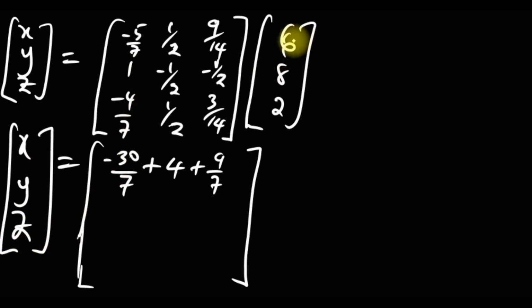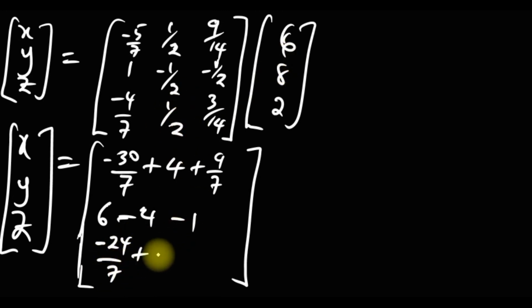So 1 times 6 plus this times that is minus 4. So we'll write minus 4. Minus 4. This times that is minus 1. So we are done. Let's move to the third row. This times 6 is minus 24 over 7. This times that is plus 4. This times that is plus 6 over 14.